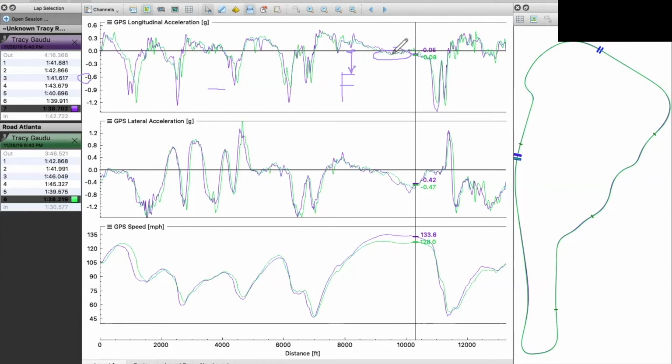I'm betting big time that is a lift of the throttle. This particular driver, for whatever reason, maybe it's traffic, maybe they're thinking, hey, my tires are not warmed up yet, or it's a cold day, or maybe it's wet, and I'm going into a brake zone. I'm just going to lift right here.